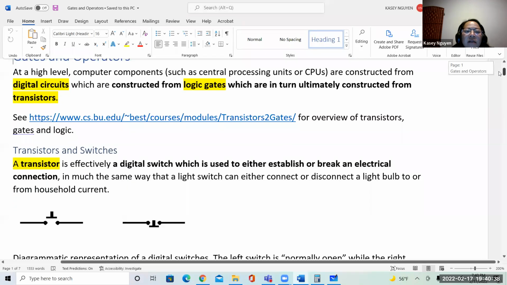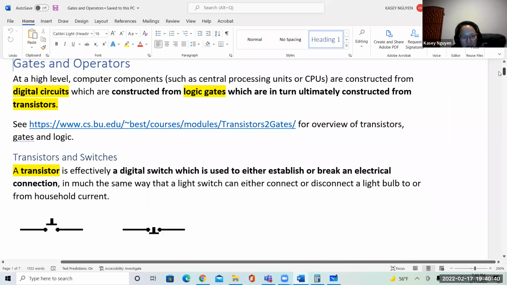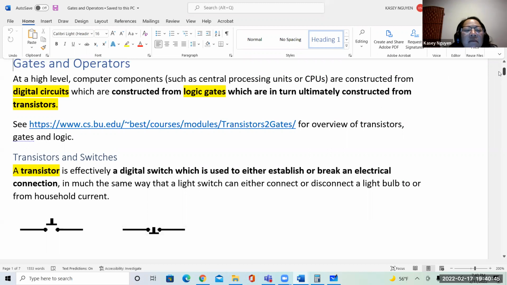So let's talk a little bit about gates. Some of you have seen this from my notes from 7, so it's the same. In the processor, the CPUs that you buy, whether it's an i9 or an AMD, or when you purchase your smartphones, an Apple phone or an Android phone, your microprocessor is simply constructed with digital circuits.